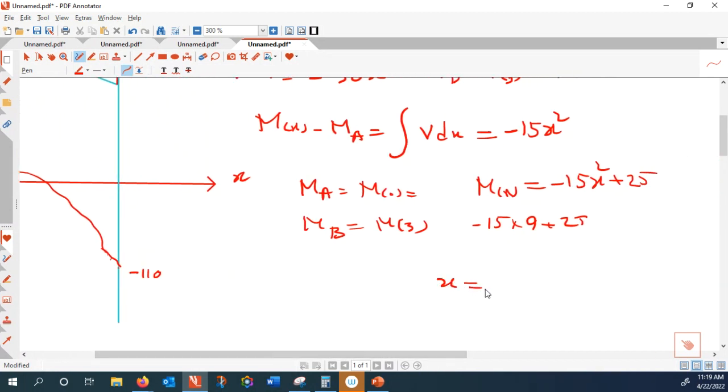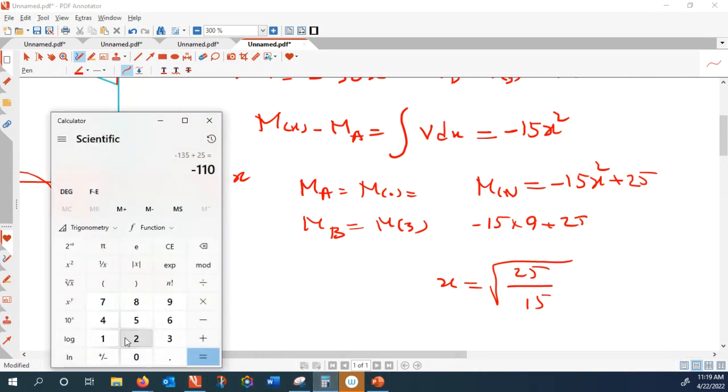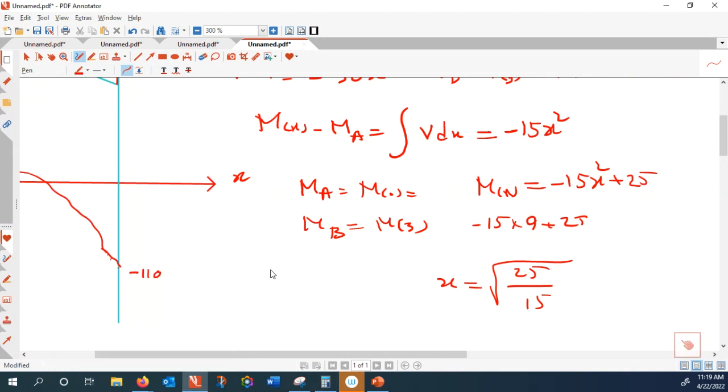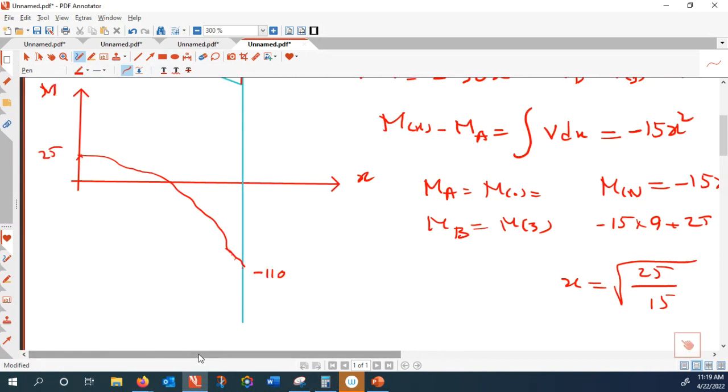That is x equal to root of 25 by 15, 1.3 meter.